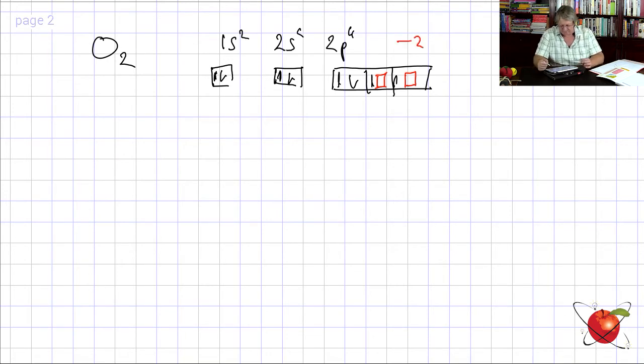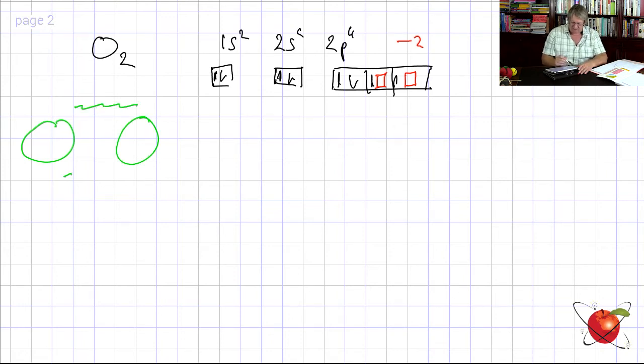Now, we said that oxygen, actually, let's draw it in green just for some fun. There's the oxygen, and we said that these two are actually stuck together. Okay. How do they stick together? Well, let's have a look. The oxygen has got electronegativity. This oxygen has got an electronegativity of 3.5.